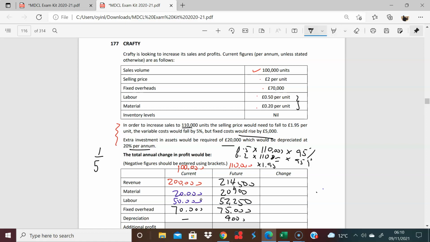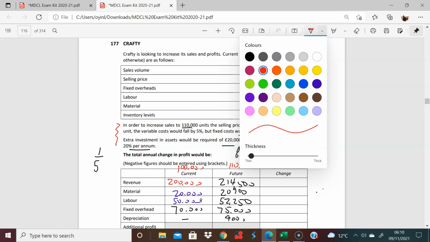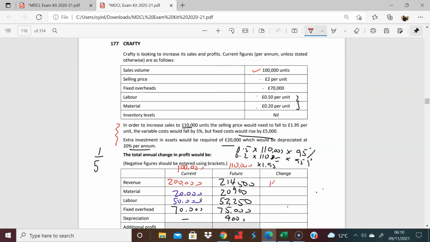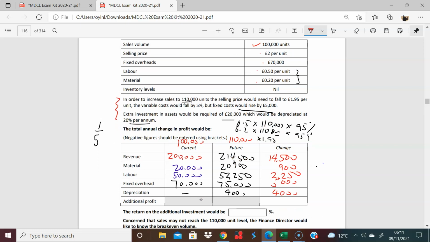So in terms of change, let me change my pen color here. I have a change here of an additional 14,500. I have a change here of 900, I have a change here of 2,250, I have a change here of 5,000, and I have a change here of 4,000. So all increases. Sorry, your revenue is 14,500, and all the rest are increases in costs.